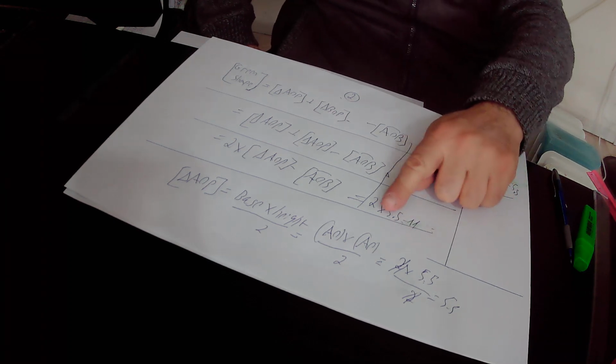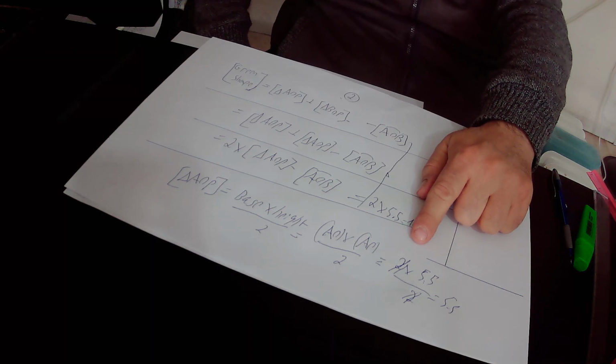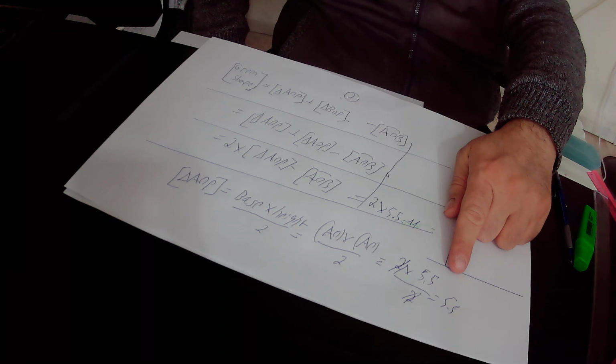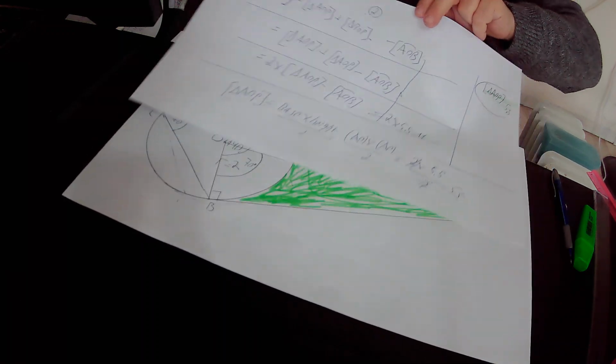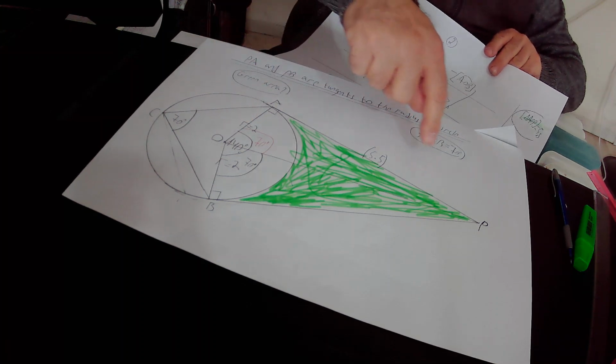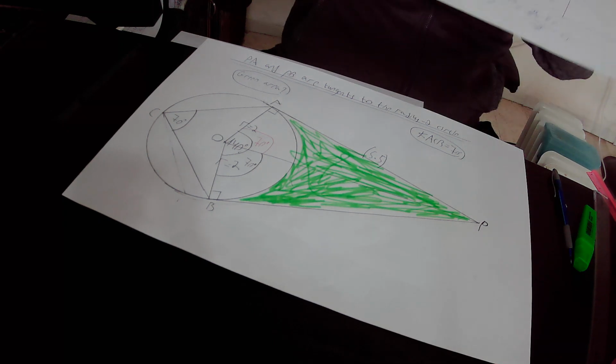AO is 2, AP is 5.5, divided by 2. Here we have 2 in the numerator and 2 in the denominator, so the 2s get cancelled and we are left only with 5.5. In conclusion, the area of this right upper triangle AOP is 5.5 square units.